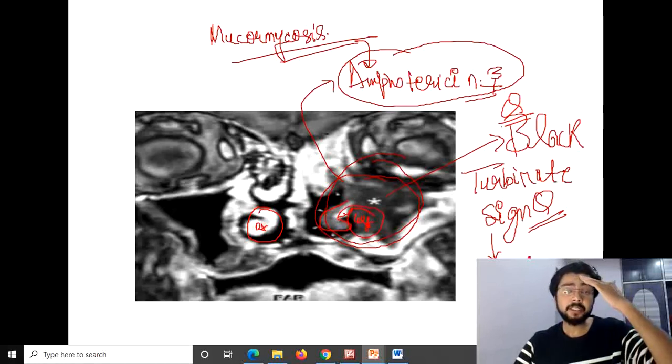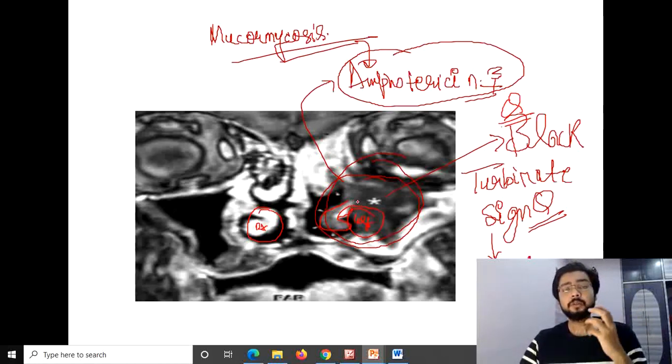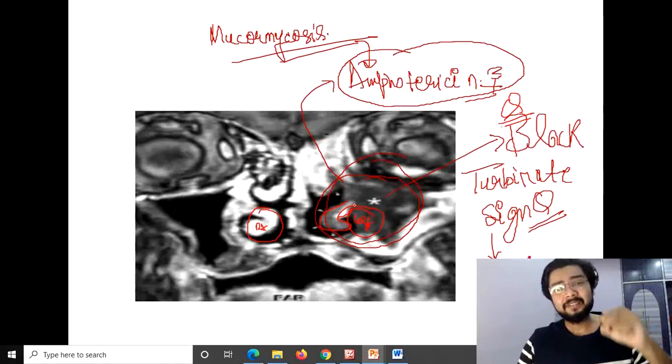What does it mean? It means that this left inferior turbinate is not able to take up the contrast, which means that it is the necrotic or involved turbinate. This is more than enough to give you a hint of mucormycosis involvement in the paranasal sinus.